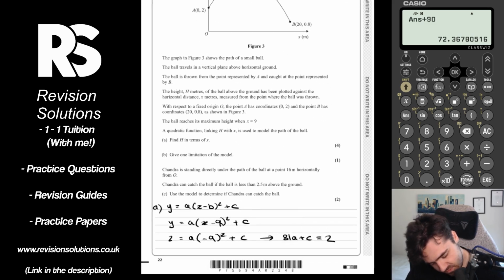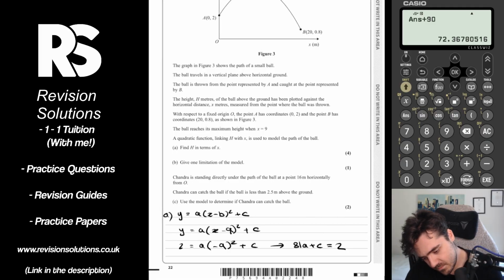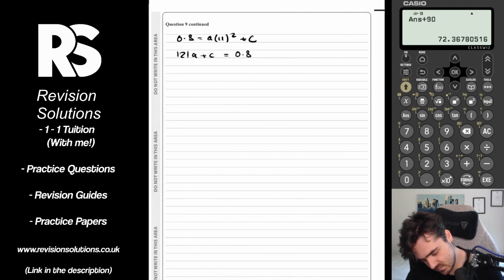And then let's copy this equation over from before. So there's our equation from before. I think let's subtract the bottom equation from the top equation.